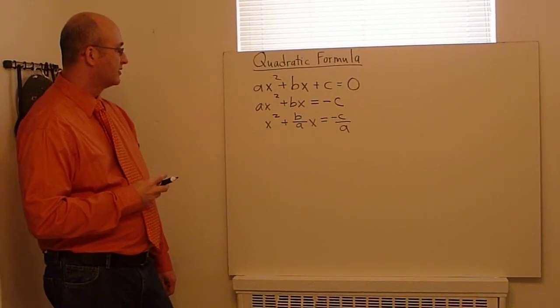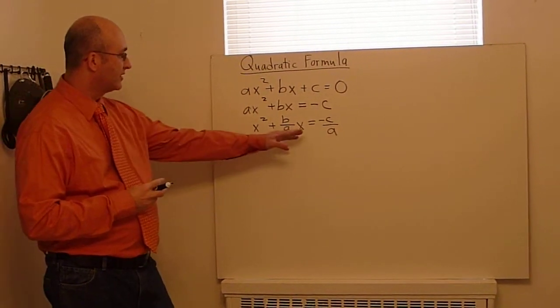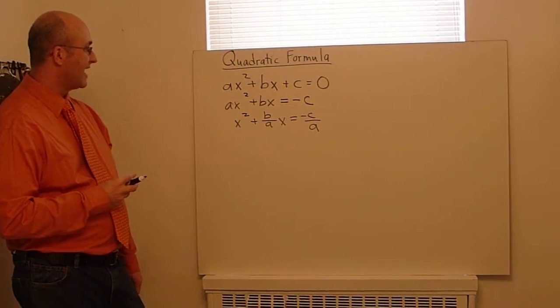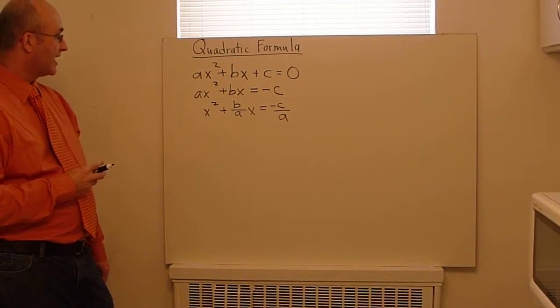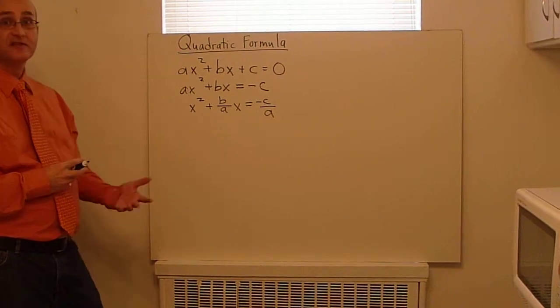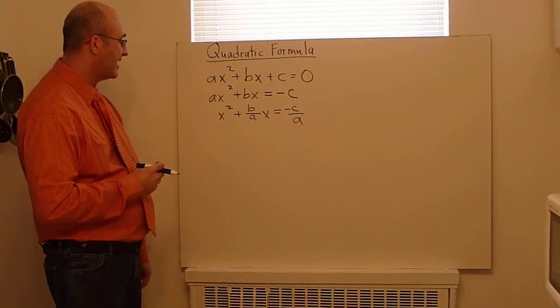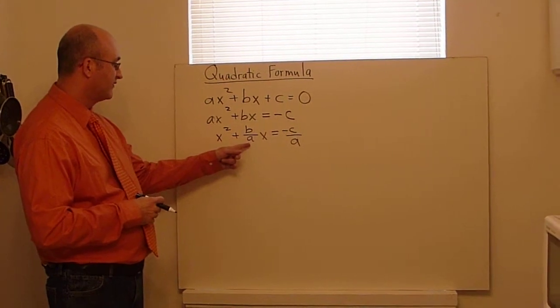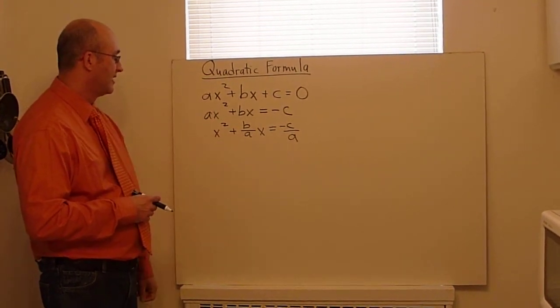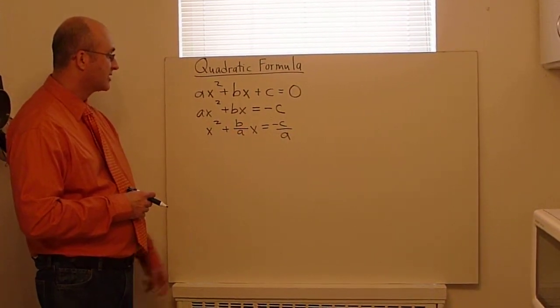Now what we want to do is to create an expression on the left that we can factor into a square. They call that completing the square in algebra. So to do that, we're going to take half of this coefficient in front of x, and we're going to square that. And that's what we're going to add to both sides.